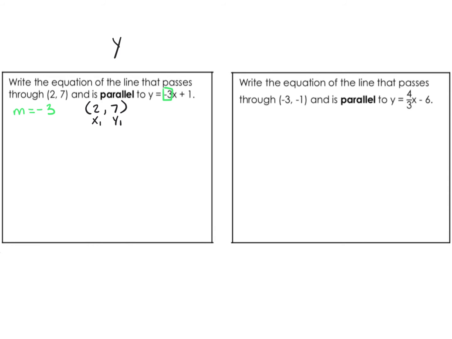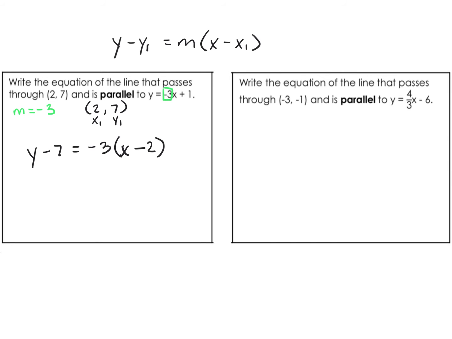Remember, point slope form is y minus y1 equals m times x minus x1. If you prefer to plug into slope intercept form and solve for b, that's fine, but I won't give examples of that in this video. All right, so we start out with y minus 7 equals -3, because that's our given slope, times x minus 2.